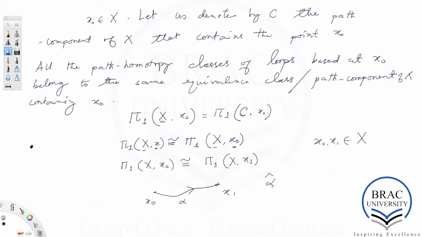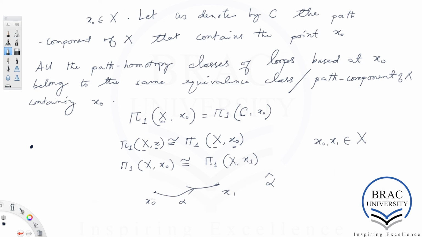So the isomorphism turns out to be path dependent, and it can be shown that this isomorphism is independent of the path chosen from x0 to x1 if and only if the underlying fundamental group is abelian. This is something that you are going to prove in one of the exercises, exercise 3, from the homework problems.